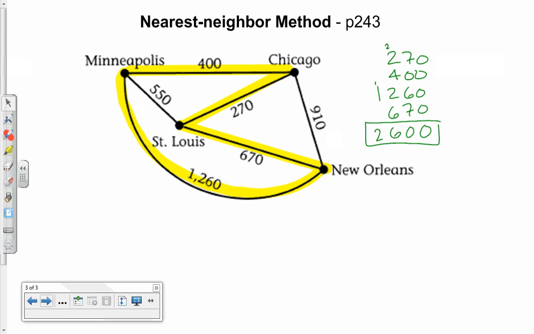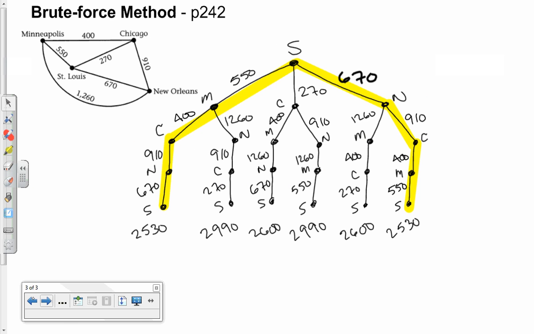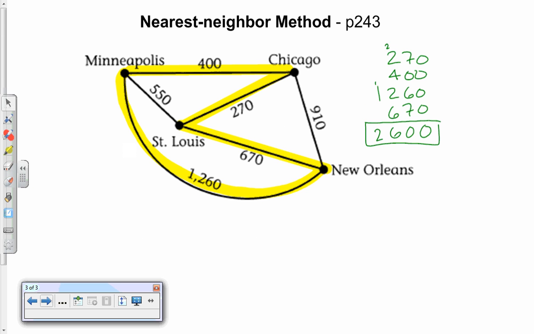So here's the catch. This method is faster, but doesn't give us our optimal solution. Our optimal solution on the previous section that we forced into finding was 2530. The nearest neighbor algorithm gives us a total of 2,600, which is not the best solution, but was it a lot faster?